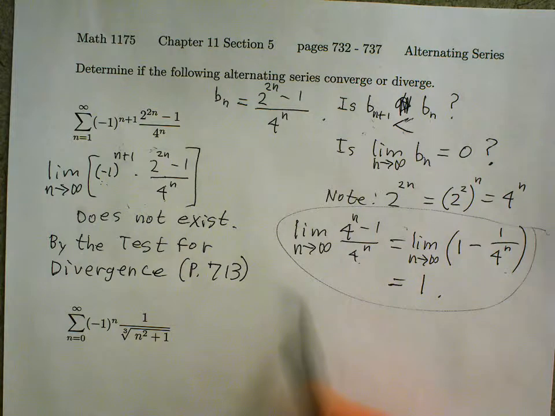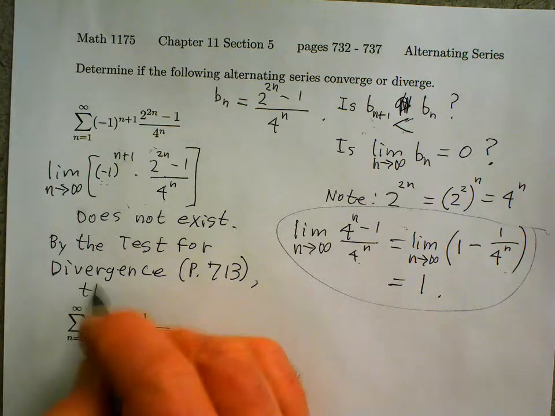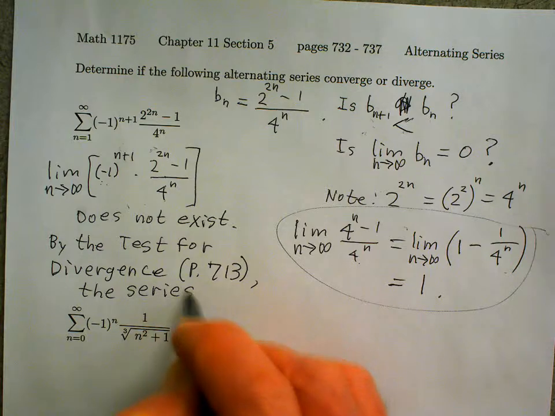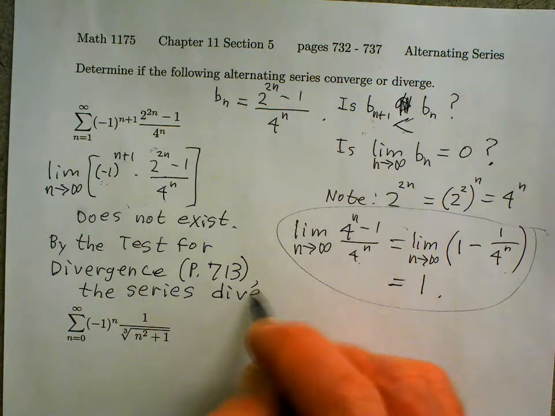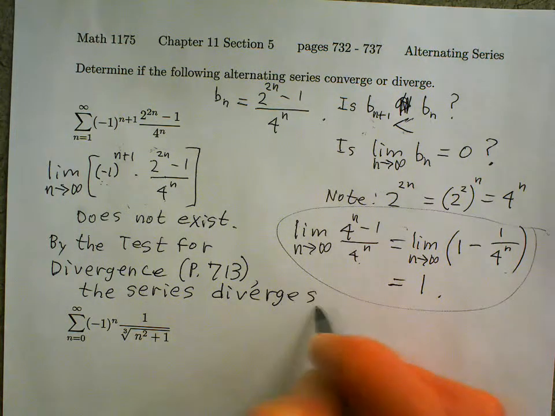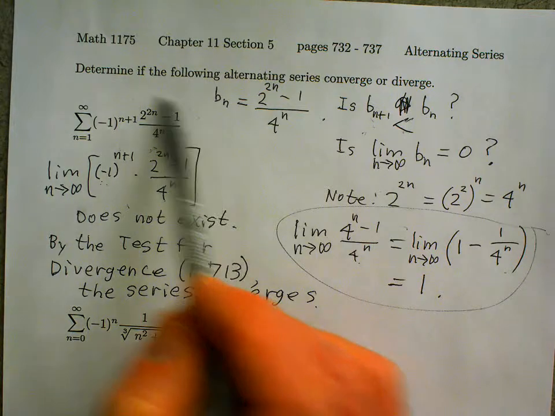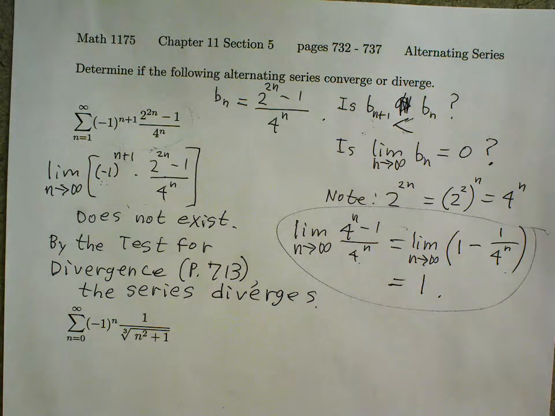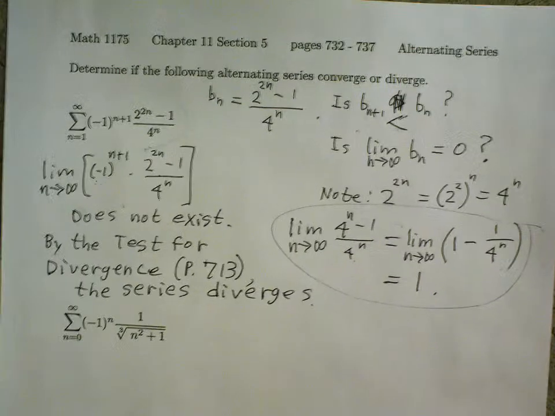So by the test for divergence, the series diverges, because the limit of the terms in the series does not equal 0.